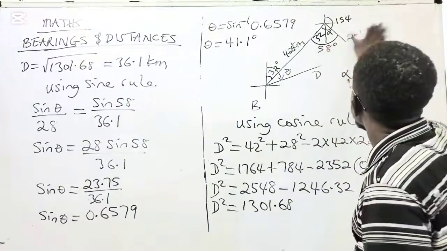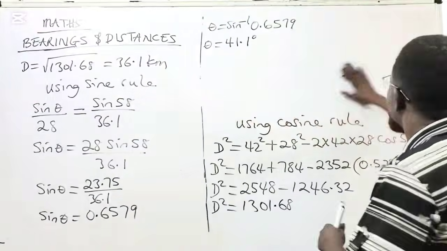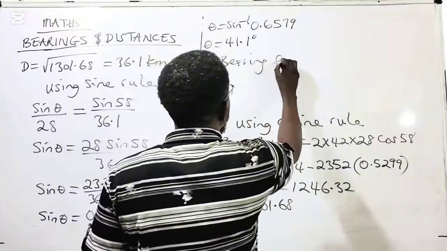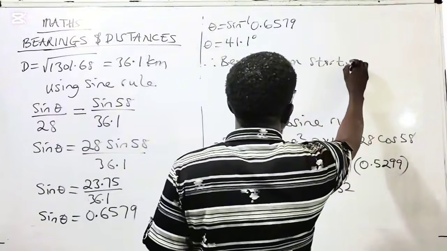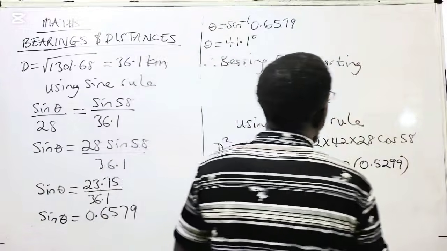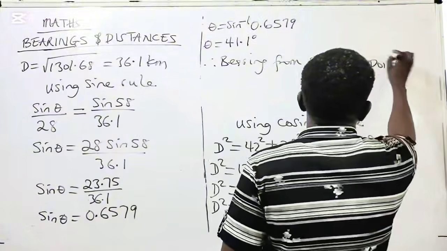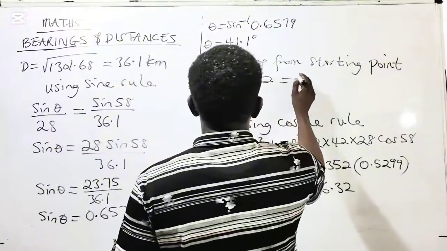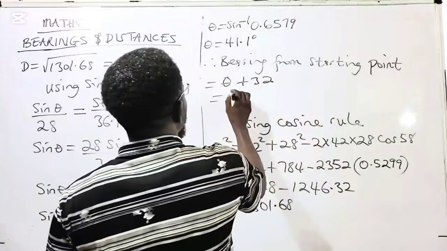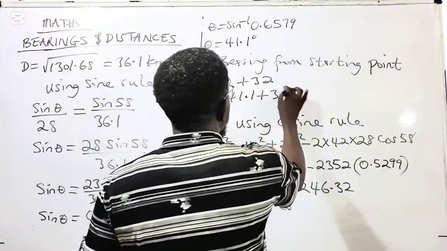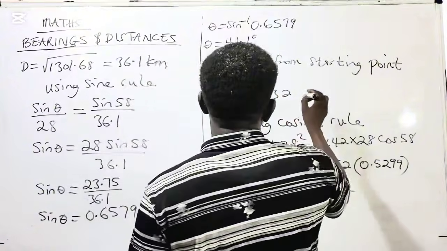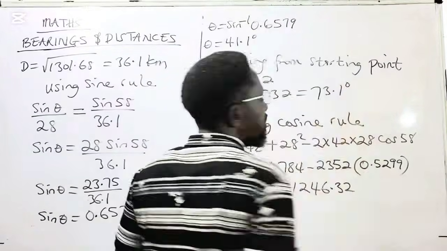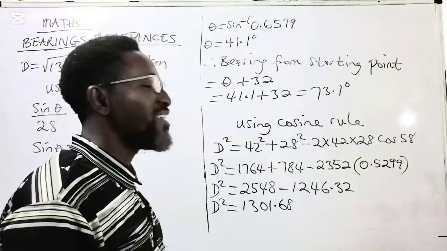So the bearing from the starting point will be theta plus 32, and that will be 41.1 plus 32, and that will be 73.1 degrees. That is the bearing from the starting point.